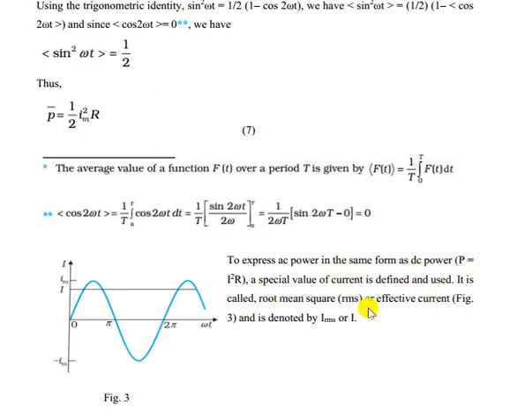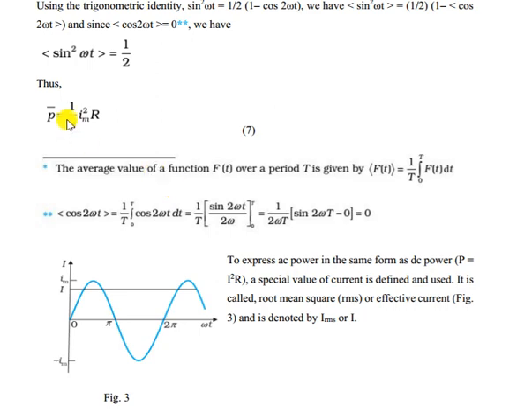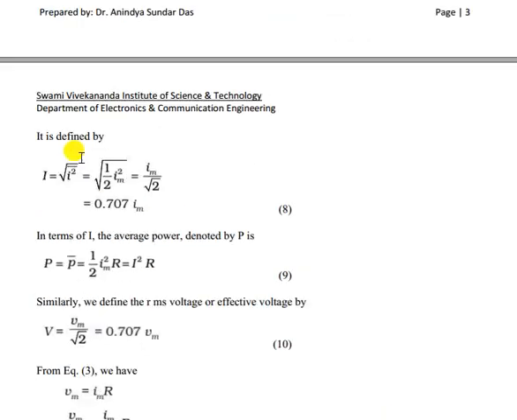It is called root mean square or RMS or effective current. That is the I, the root mean square value, which is denoted by IRMS or I, and it is nothing but Im divided by root 2. If we square it, Im squared by 2. So it is defined as I equal to root of half Im squared, or Im by root 2, or 0.707 Im.